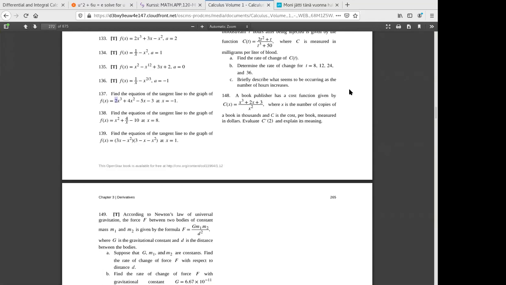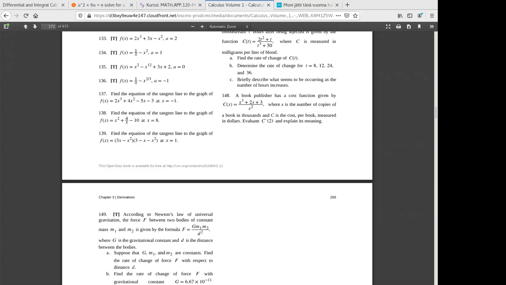Simplify it to x squared plus 2 plus 3 over x, which is then 3 times x to the minus 1.